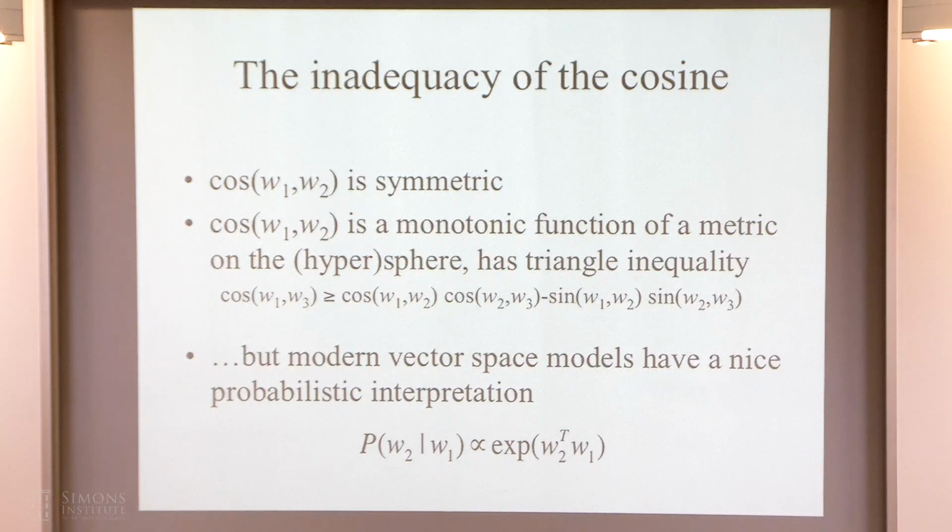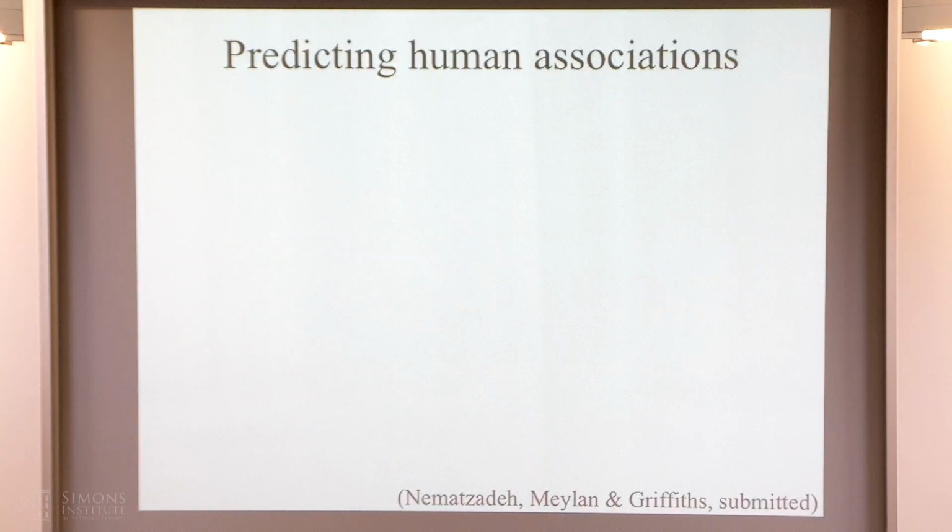You can calculate a conditional probability from a vector space model because there's an implicit joint probability model for the co-occurrence of two words. And so we can take these conditional probabilities and compare them. These conditional probabilities don't necessarily obey the constraints that are properties of those spatial representations. We're no longer bound by a metric, and we can look at whether those conditional probabilities actually behave in the way that people do.